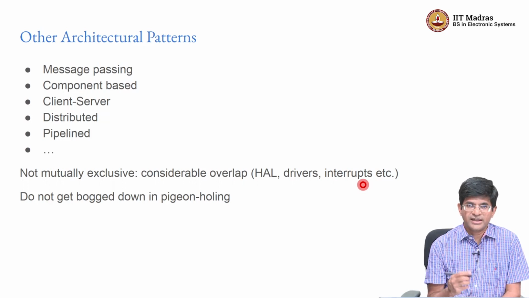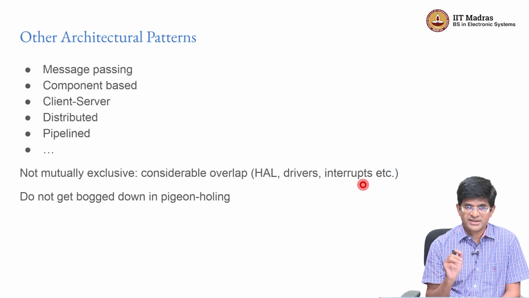So rather than just trying to pigeonhole and say that okay, this is a layered architecture whereas this is some other kind of architecture, the important point is to be able to understand what the relevant properties are, so that you can then say, okay, can I take some ideas from this kind of architectural pattern and apply it in this context in order to build a better system.